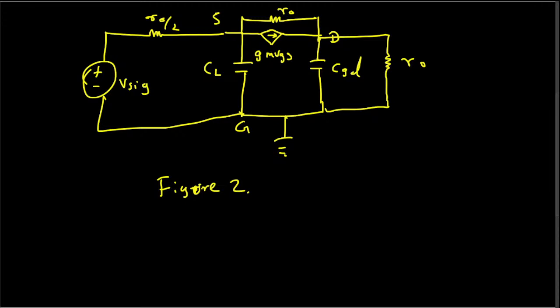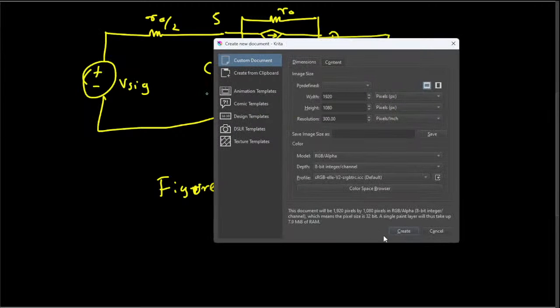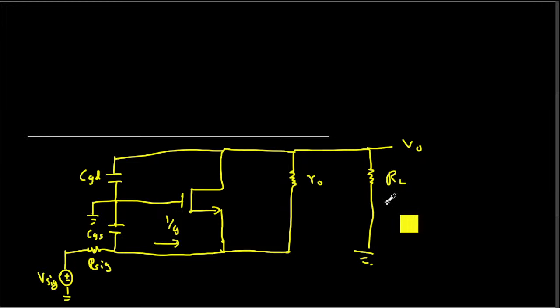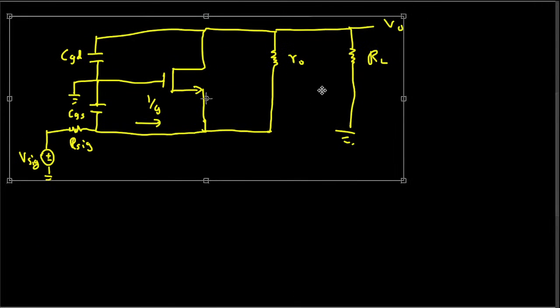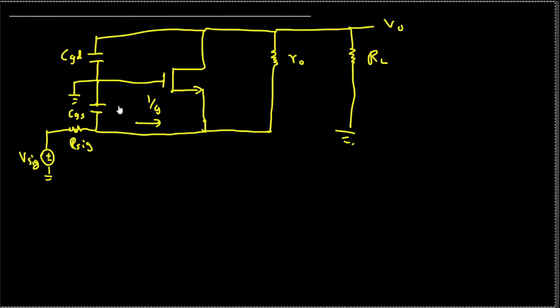And then for the open circuit time constant, we bring the exact figure 1 right here, but this time we just open the capacitors. So the new picture is going to look like this.